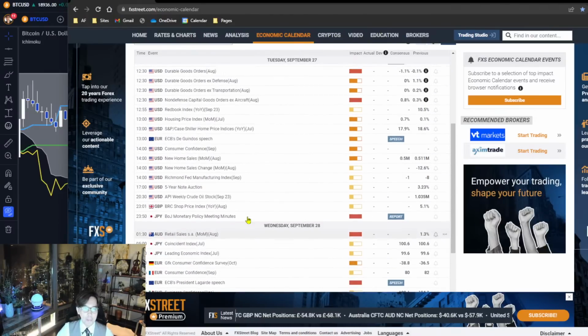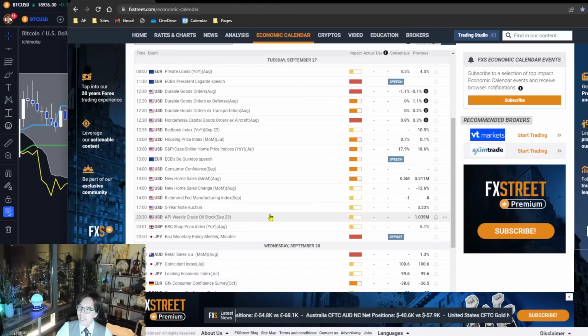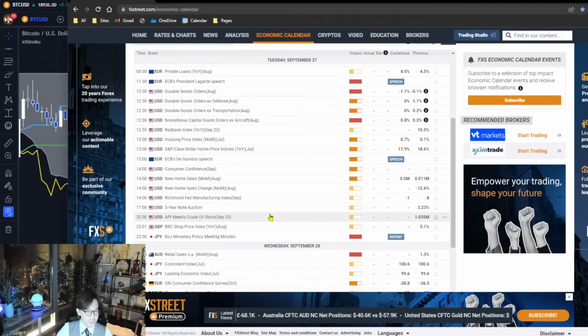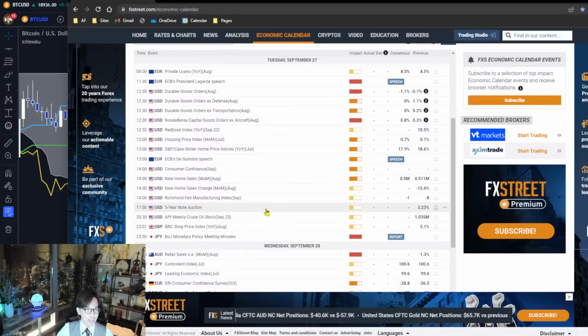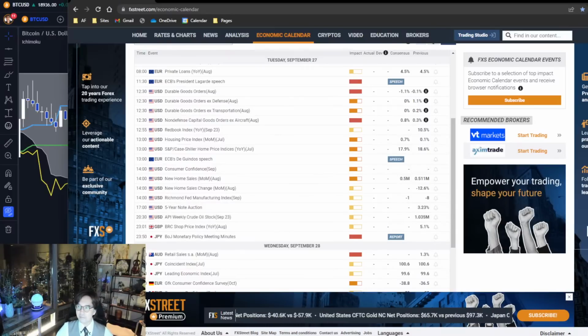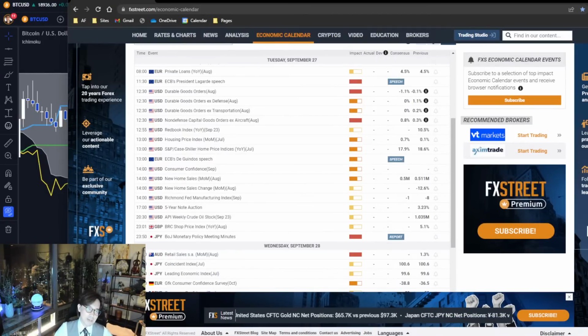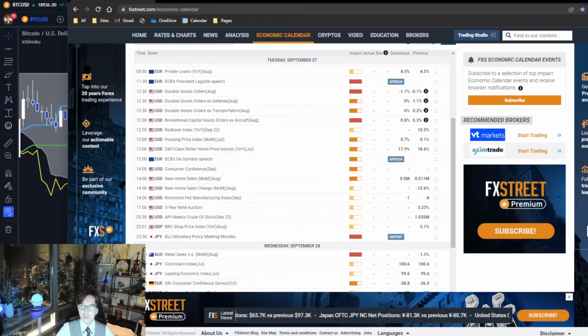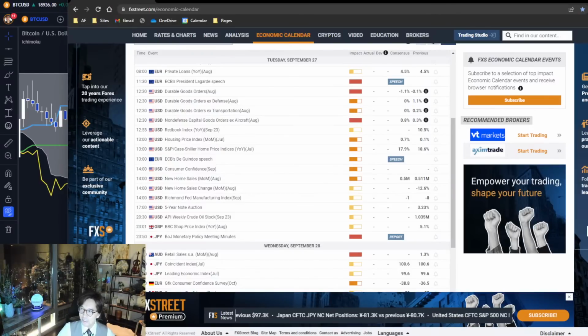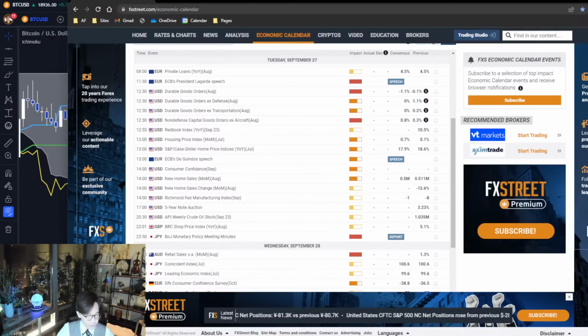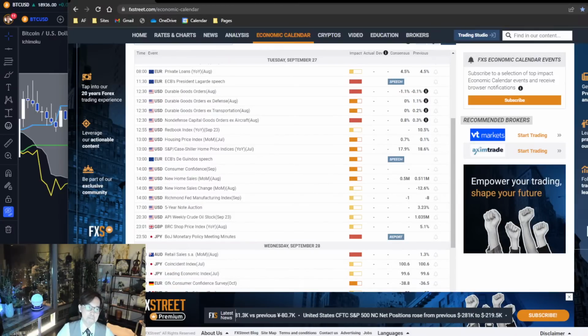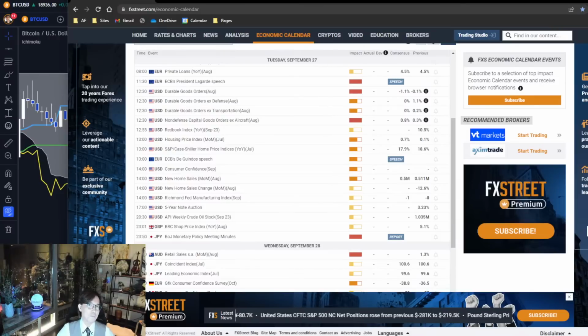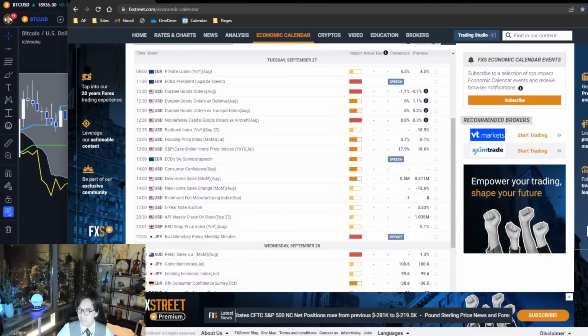So just watch out for the news, and whenever you see the news is coming up soon, it's better to stay away and come back to charts afterwards, because news can violate all the technical confirmations, and you may not be able to follow the trends, and you may not be able to find the entry chance or exit timings.